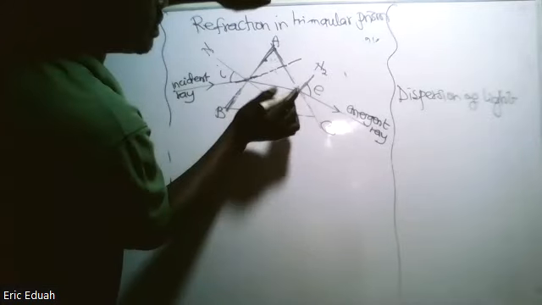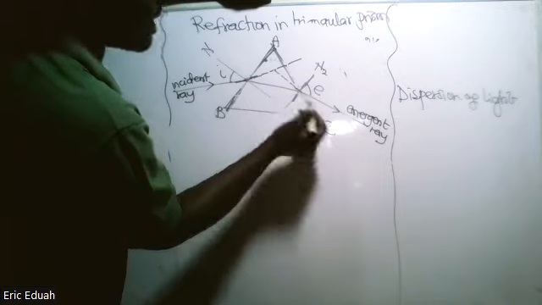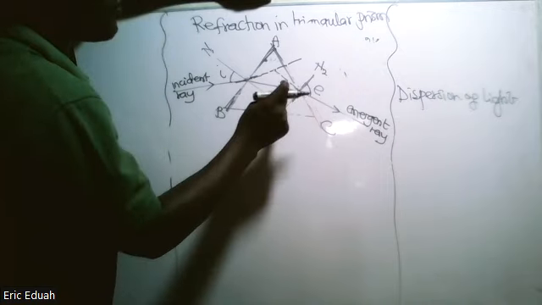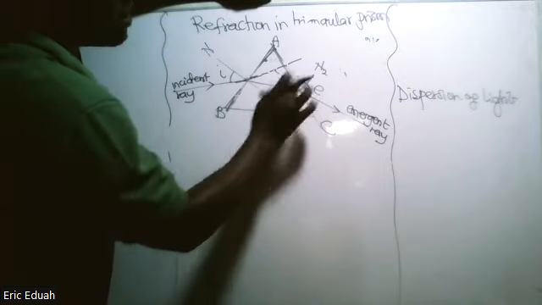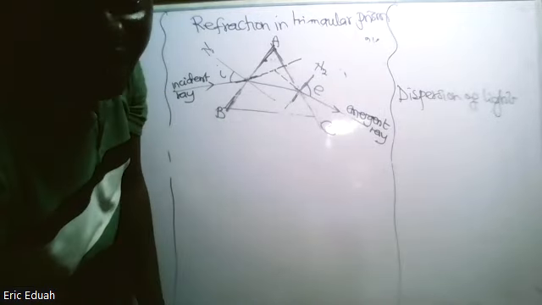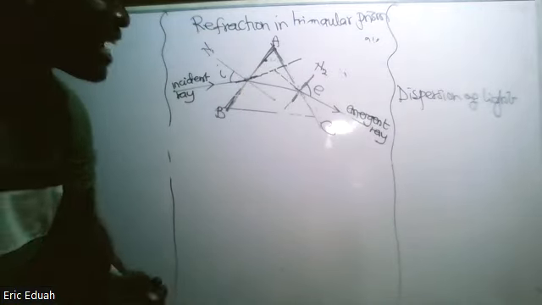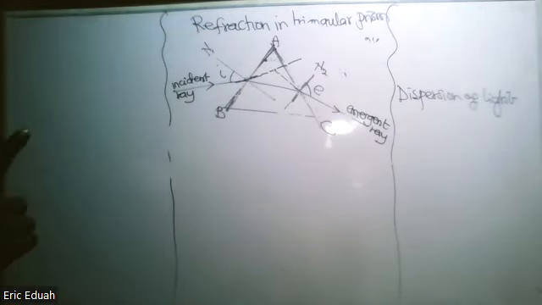So this must be the original path. But because it is traveling from denser medium to less dense, that's why its path is deviated. The extended broken lines represent the original path of the incident ray and the emergent ray.